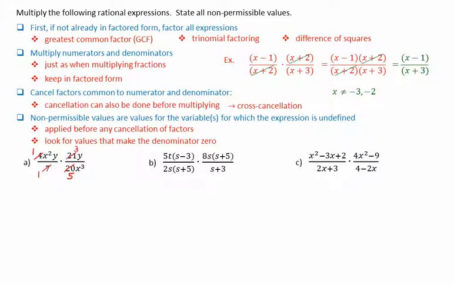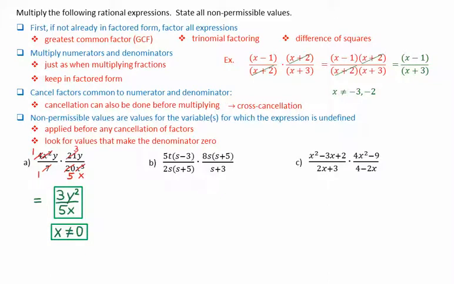We then have the x squared and x cubed. The x squared on the numerator can be cancelled out with 2 of the x's on the denominator. This gives then a result of 3y squared over 5x. As far as non-permissible values, the only non-permissible value here is x cannot equal 0.